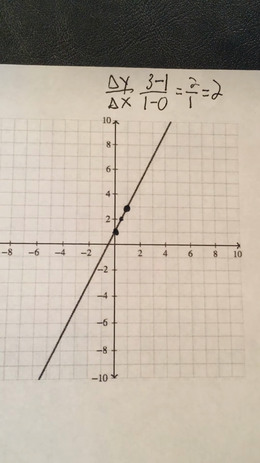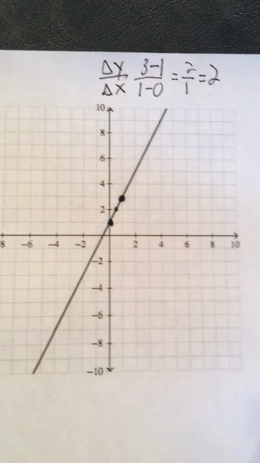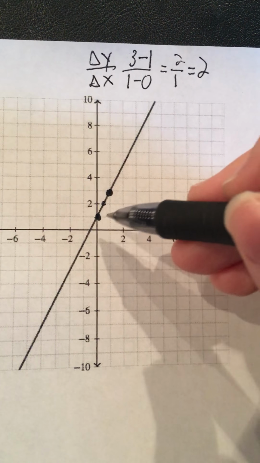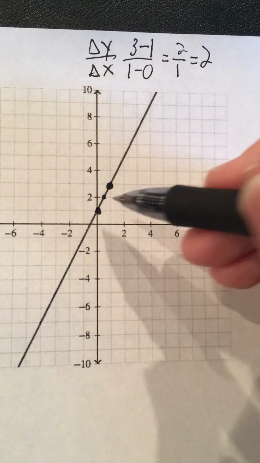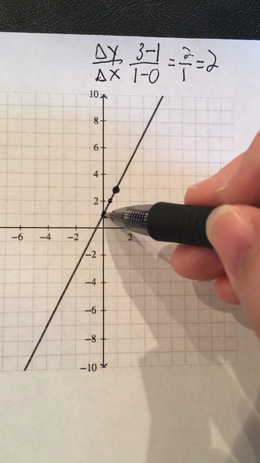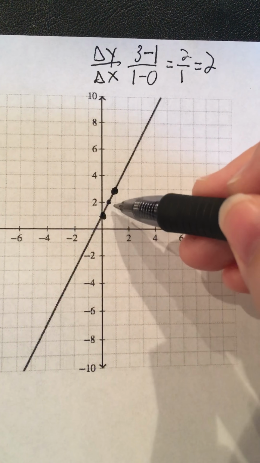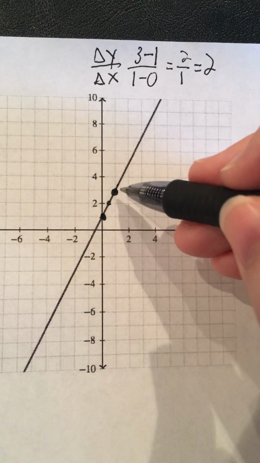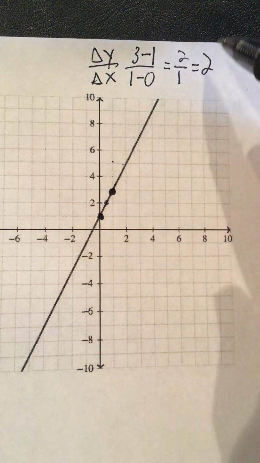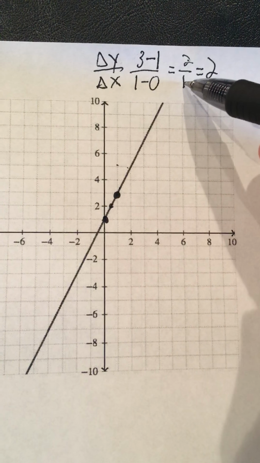Now, another way you can do this, especially if you're a visual person like I am with graphs, you can see this very easily. Always remember rise over run. If you start at any point where it hits perfectly on the crosshairs, you can see it goes up 2 over 1, just like our change in y over change in x.